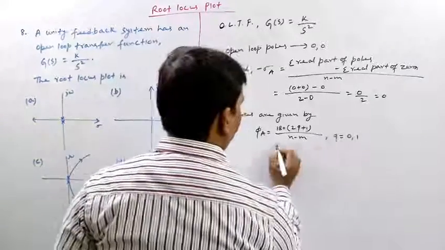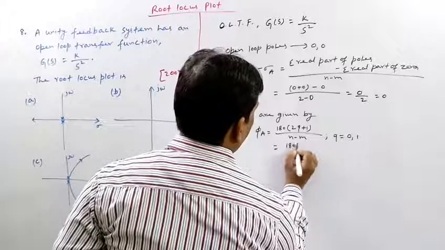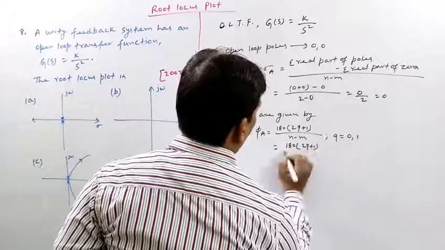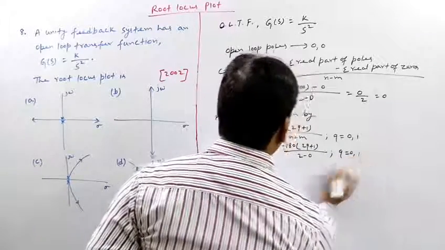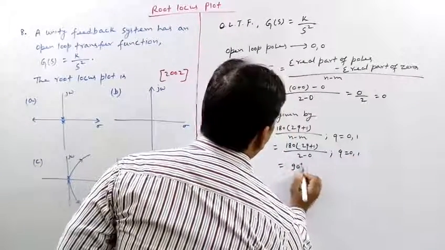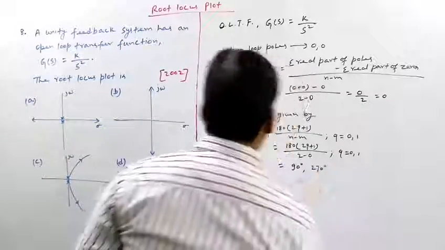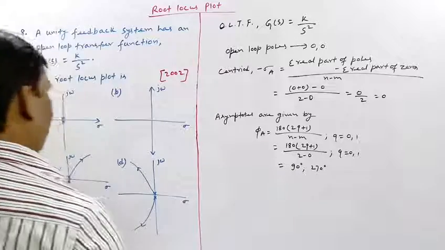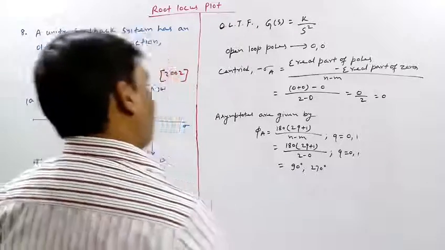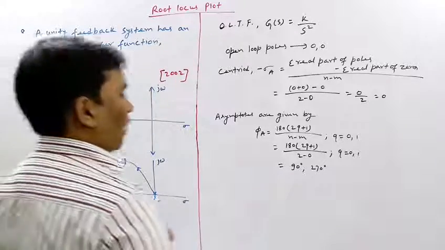If we put the value of q as 0 and 1, then we will get 90 degree and 270 degree. So the asymptotes will be along 90 degree and 270 degree, and the centroid is here.